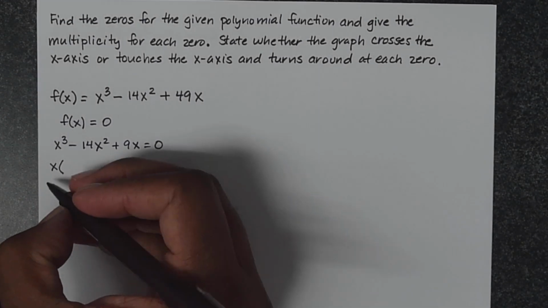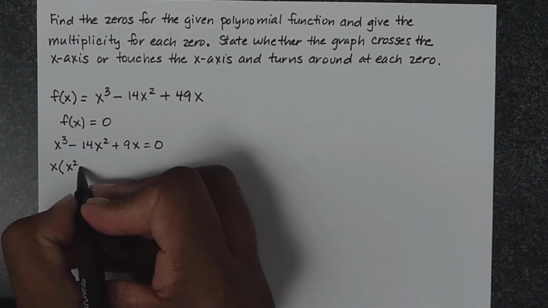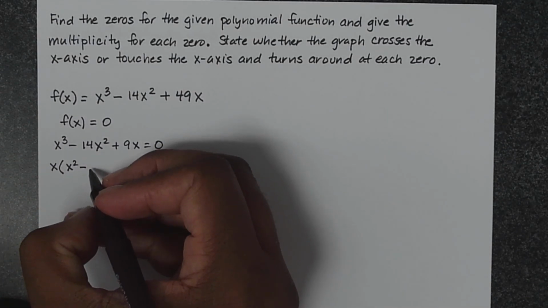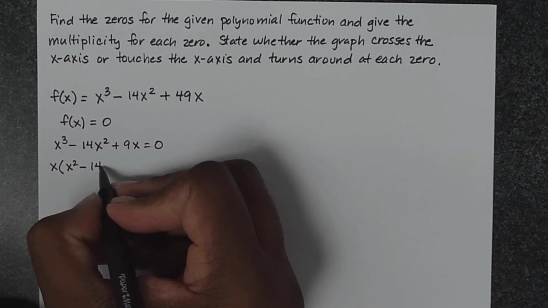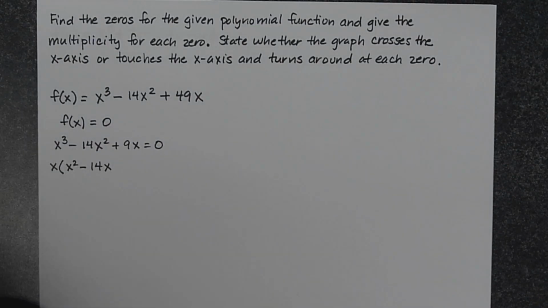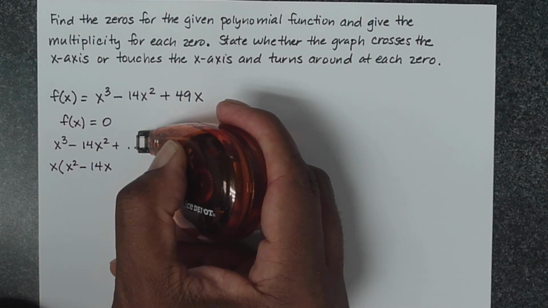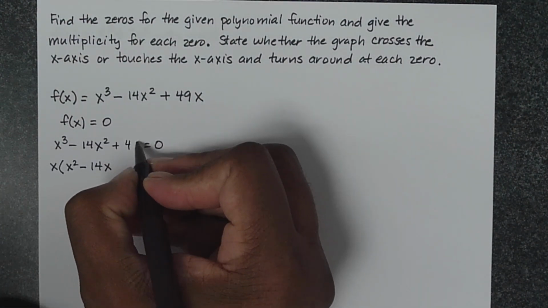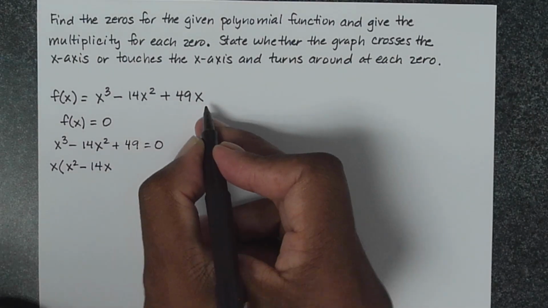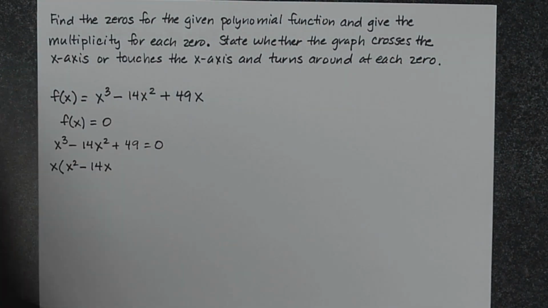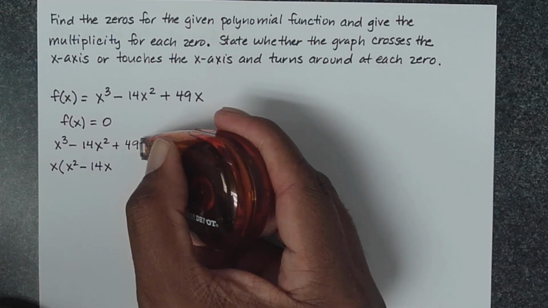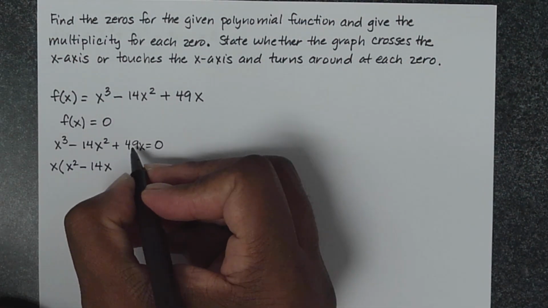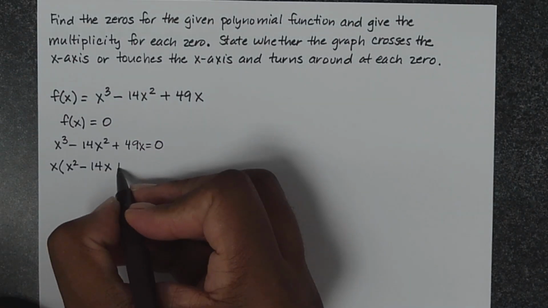So x cubed divided by x will be x squared, minus 14x squared divided by x will be 14x, and this should be 49x, by the way, because it's up here. 49x divided by x will just be plus 49.